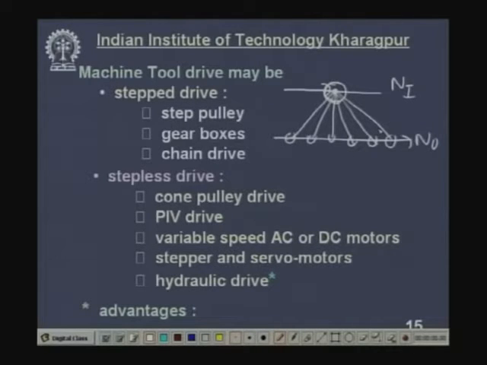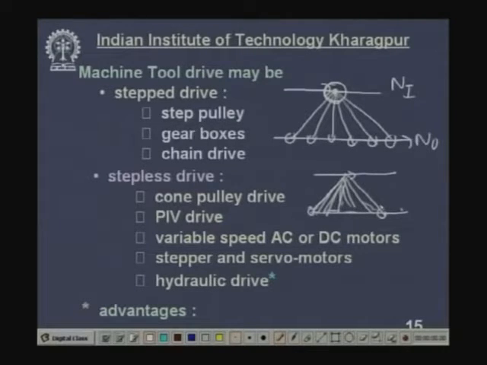It is more economic. It is obtained by step pulley system, gearboxes, chain drive, and so on. But in another case, this is called stepless drive, where from one input speed, we need the output shaft to have the minimum or maximum or any speed in between, an infinite number of speeds.